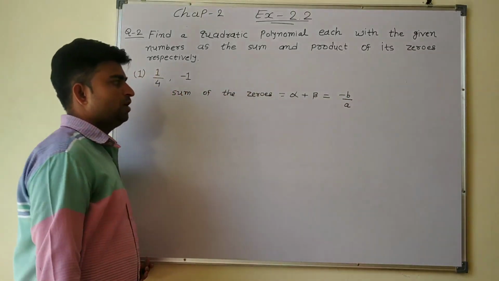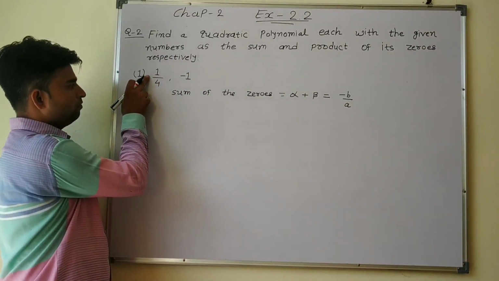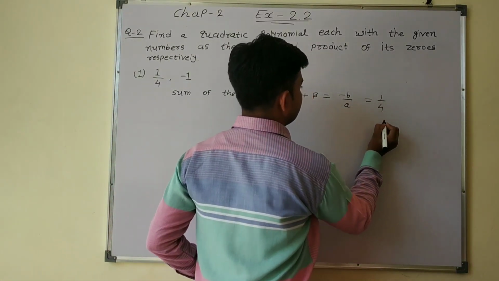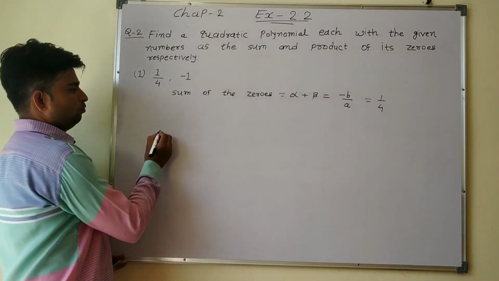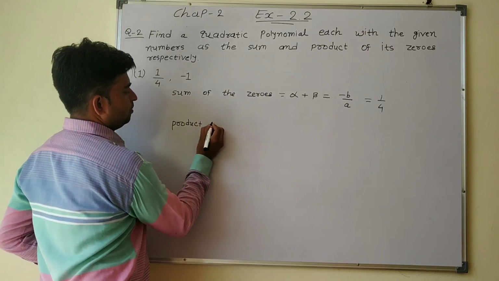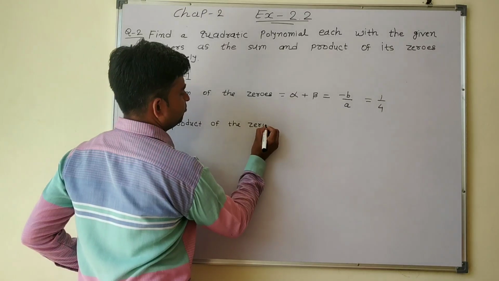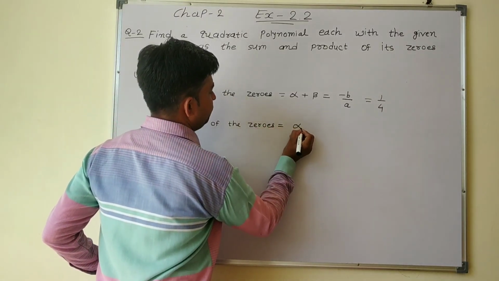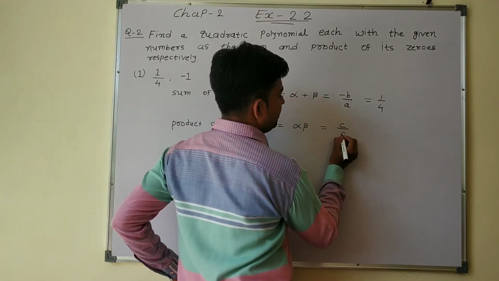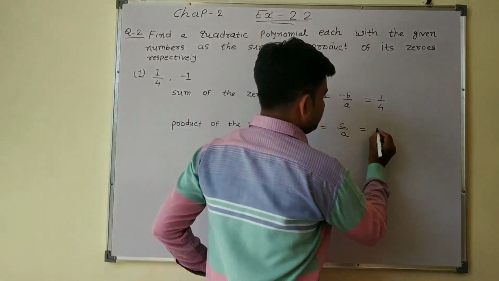So this is the formula of the sum of the zeros, and here it is given 1 upon 4, so it is equal to 1 upon 4. Now the product of the zeros is equal to alpha into beta is equal to c by a, and here it is given minus 1, so it is equal to minus 1.